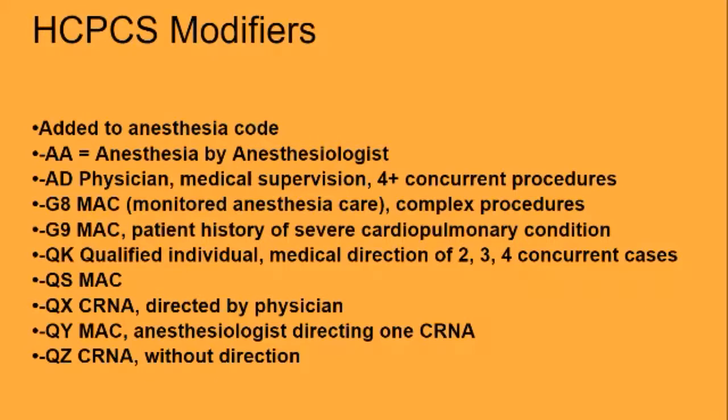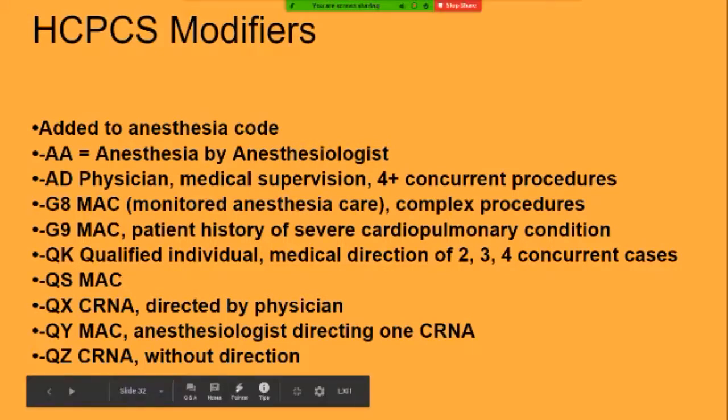So you need to pull out your HCPCS and make sure that your modifiers are labeled for anesthesia. I was looking to see if our CPT modifiers had those, and we don't on the front cover. I'm sure there are some listed in modifiers in the back of your CPT, but honestly, you can just keep your HCPCS handy and you can look at your modifiers there.